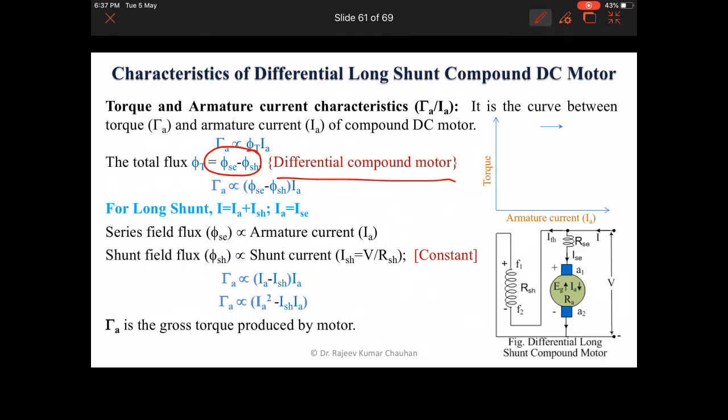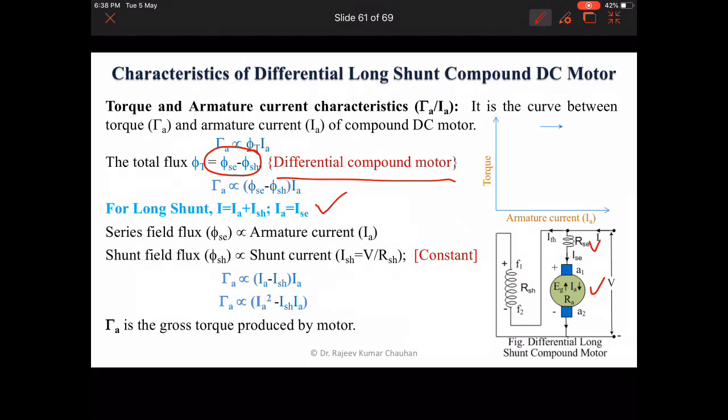From the circuit, we can see that I is equal to IA plus ISH, where IA is equal to ISE, because series field winding and armature circuit are connected in series, while the shunt field winding is connected across the series combination of series field winding and armature circuit, while the terminals of the shunt field winding have been changed.